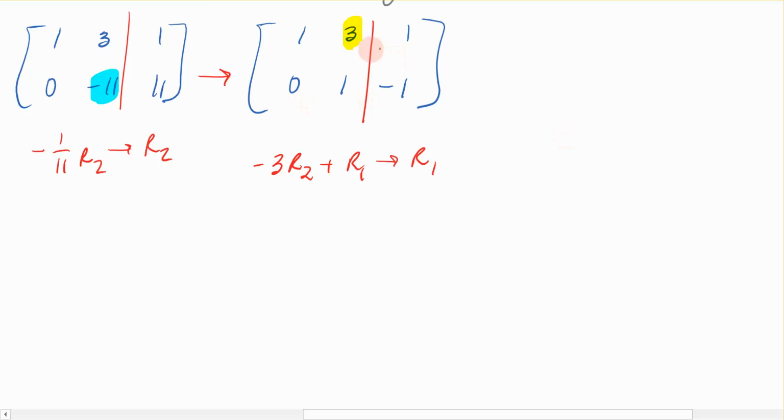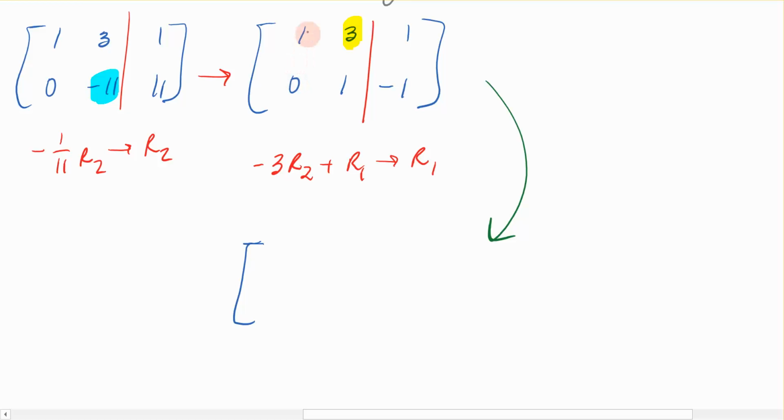Just because I want to be able to see all this, I'm going to go down below. So if I were to multiply 0 times negative 3, that's 0, plus 1 is still 1. That's why this is going to work this way, because by multiplying row number 2 by something and adding it to row number 1, it's row number 1 I'm ending up changing.